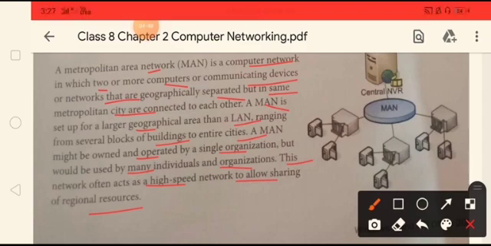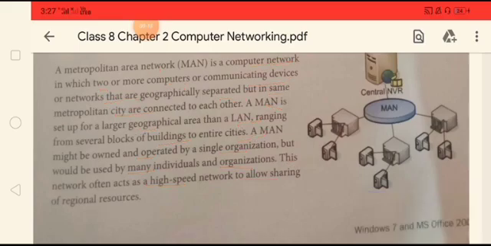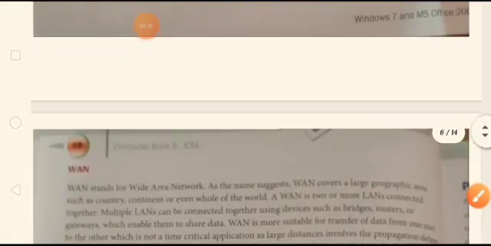MAN is used in a metropolitan city. It covers the entire city. It can be operated by a single organization and can be used by many individuals and organizations. The main advantage is that it is a high speed network, so it allows the sharing of data very speedily. So this was all about MAN.